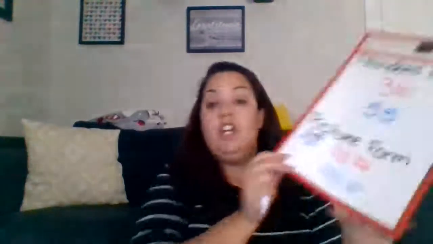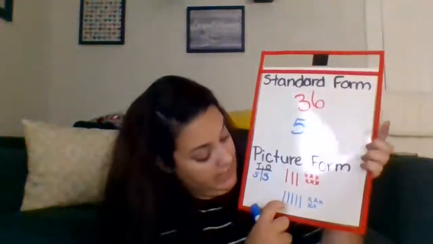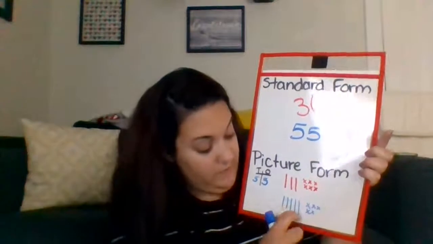Let's try it with 55. First, let's use our rubber band. Ready? 55. Let me try one more time. I want to listen to the numbers I hear. 55. I heard a 50, and then I heard a 5. Let's check our pictures to help us. 10, 20, 30, 40, 50.